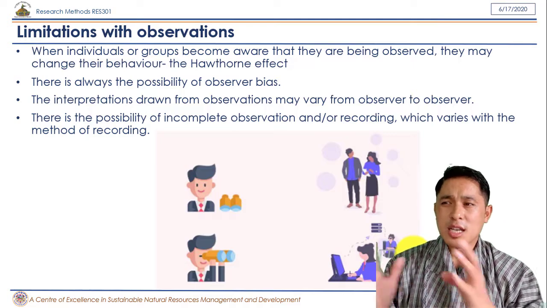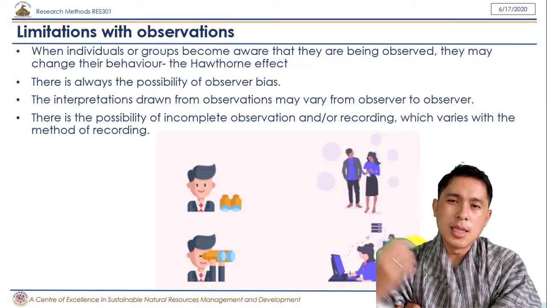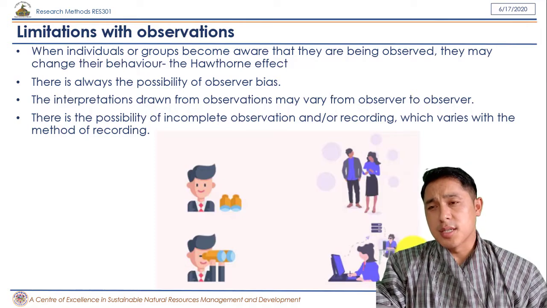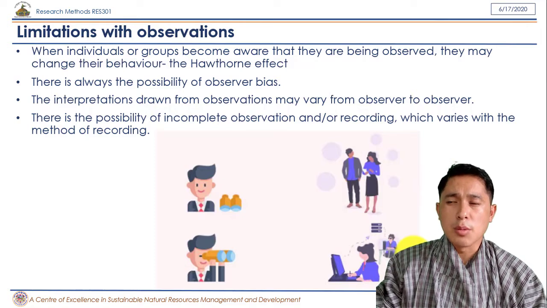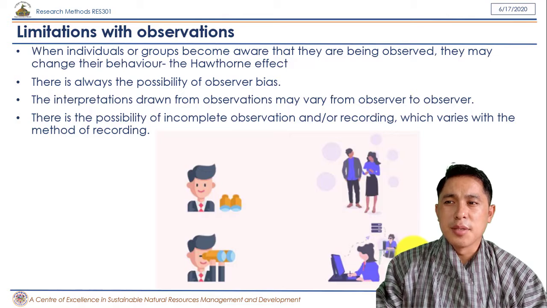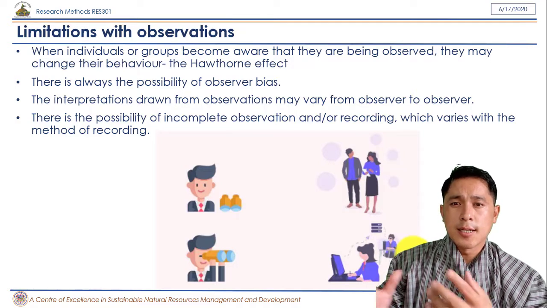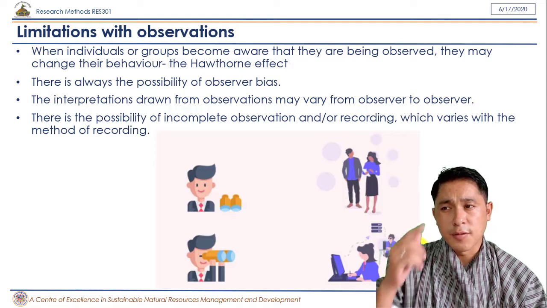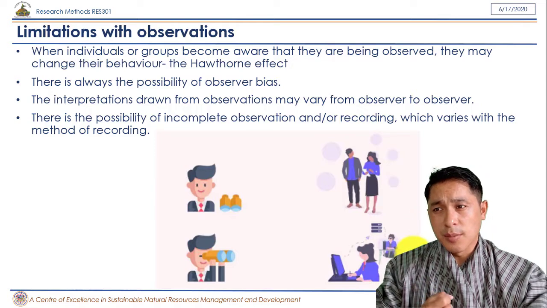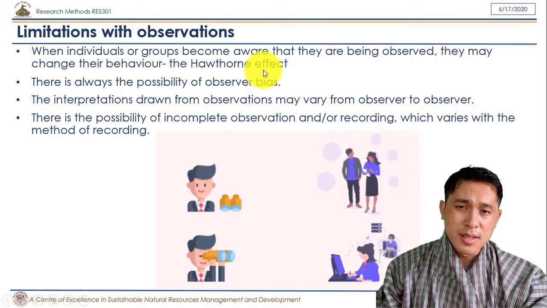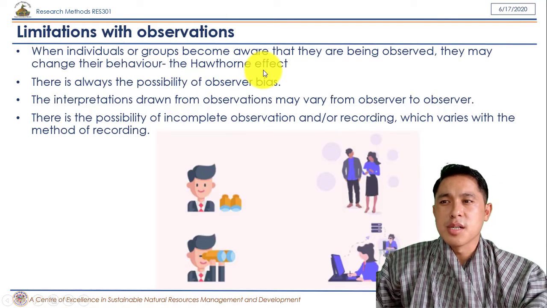So all the disadvantages are being listed in the methods of recording. So limitations with observations are basically the limitations we had during the methods of recording of observations. So the Hawthorne effect that we just talked about is one of the limitations of the observation.